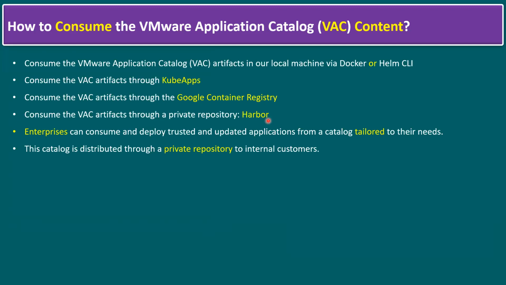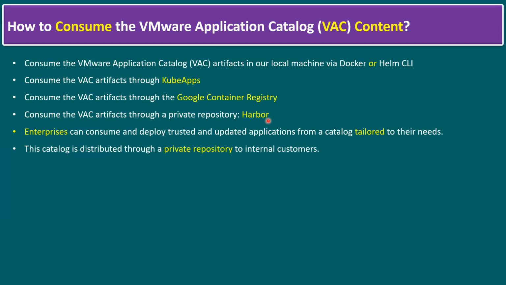If we configure with NSX-T within vCenter, we have an option to configure an embedded Harbor registry, which we also call a private repository. So we can use either the embedded Harbor repository, and in some scenarios we make it private, we can directly import a Harbor OVA file, or we can prepare a manifest file using YAML to deploy the Harbor registry.